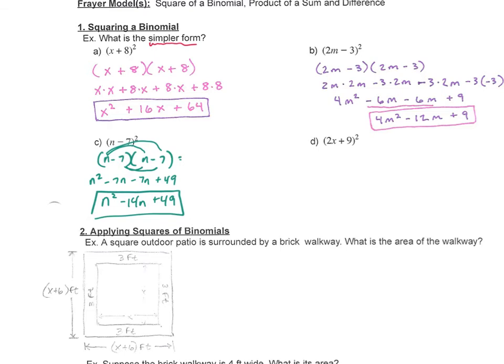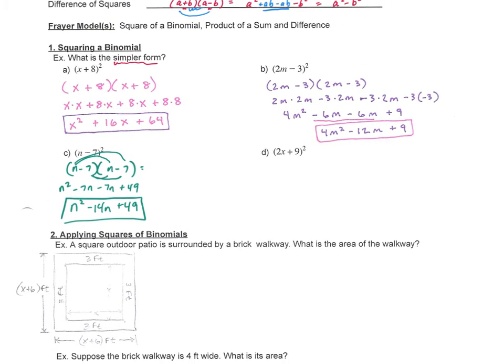Moving forward, next example, we have (2x + 9)(2x + 9). If we use the distributive method, we know we have to multiply 2x times all of that and 9 times all of that.